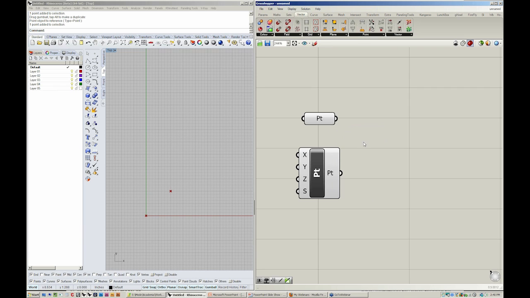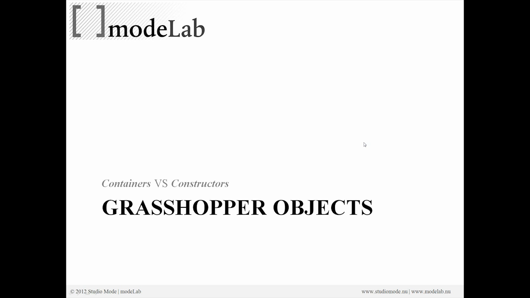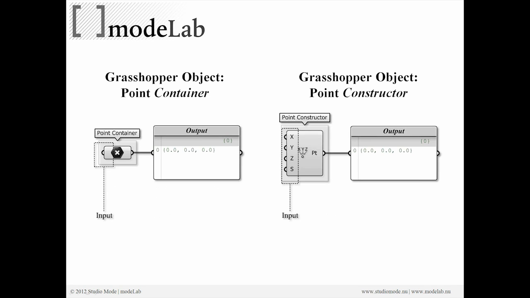So what's really going on here? On the left, you'll see that we have something which is referred to as a parameter object. Gil and I like to think of these as point containers or containers in general. On the right, you can see a component. This is a point component.